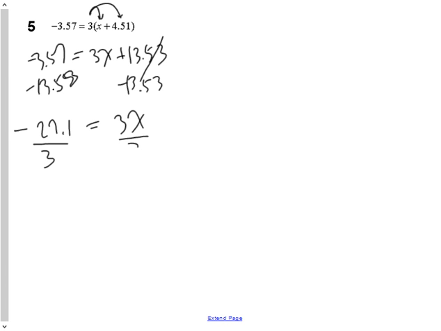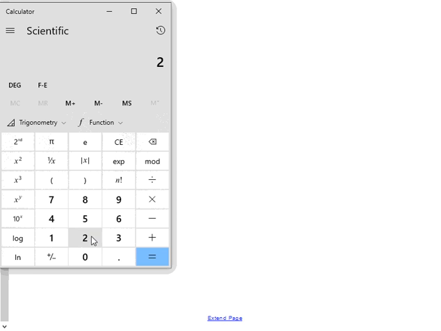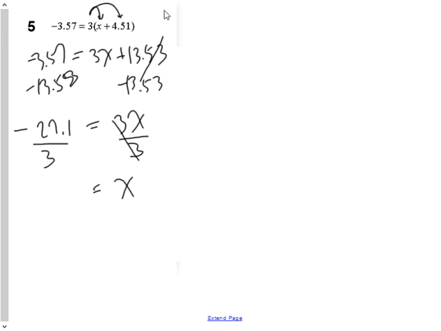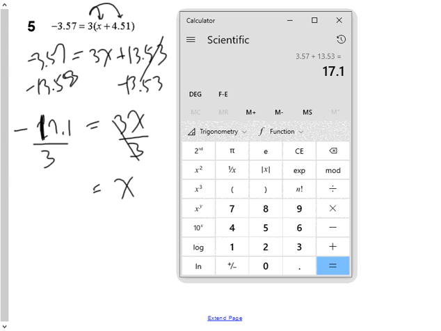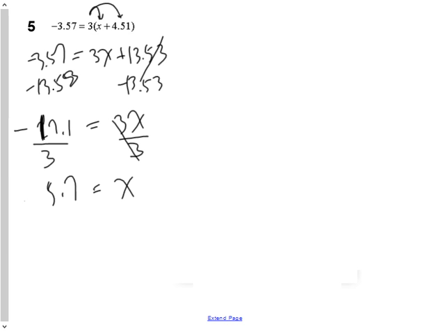Divide both sides by 3, and x will equal, is that right? Did I make a mistake somewhere? Oops, I made a mistake. It's 17.1. So divide 17.1, not 27.1, by 3, which gives 5.7, which is going to be a negative 5.7.